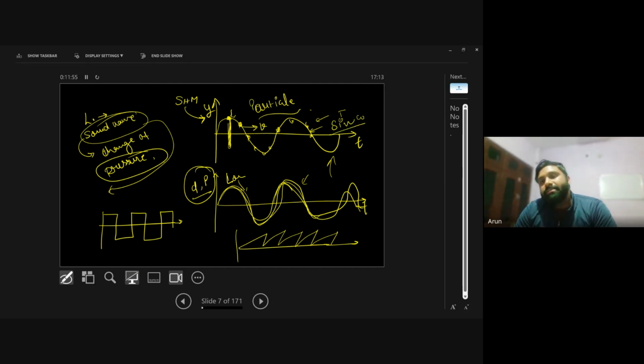So the displacement of that physical quantity, because we know that in a wave the disturbance is traveling from one place to another place, and that disturbance basically belongs to momentum or energy. Either energy is traveling or momentum is traveling, or both. Because if there is energy, there will be momentum. So what I want to tell you is that specifically this graph does not only belong to wave.